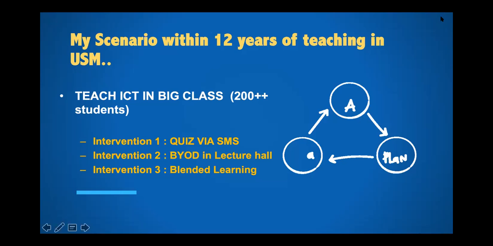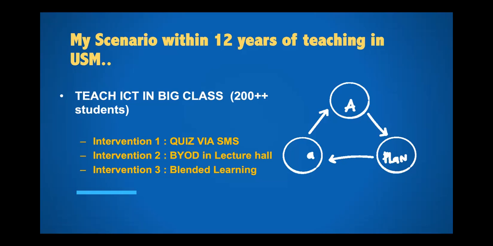So I did an intervention as well. Because of the problem, I had to do some intervention to make things easier for myself and also to make sure that my teaching and their learning are effective. They learn something, and they can explore ICT, because education students are not into ICT.